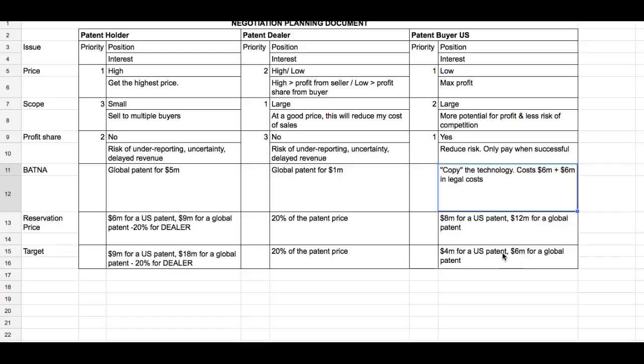Well, actually, there are no other options for the buyer. Well, you can create the technology, but at the cost of 6 million, yeah, and then legal costs if he goes to court, right? So then the question is, can you avoid the legal costs? So basically, what you would say as a buyer in this case is, I'm prepared, I can make this technology for 6 million.